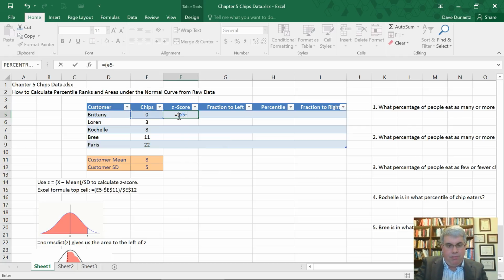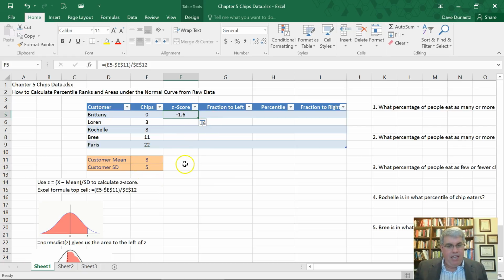We subtract the mean from that, which is E11, using dollar signs because it doesn't change position, close parentheses, divided by the standard deviation, which is E12, again with dollar signs, dollar E dollar 12, and I can press enter, and that gives a z-score of minus 1.6, which makes sense.